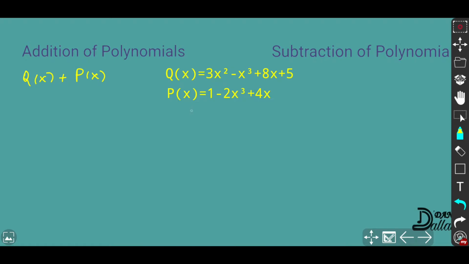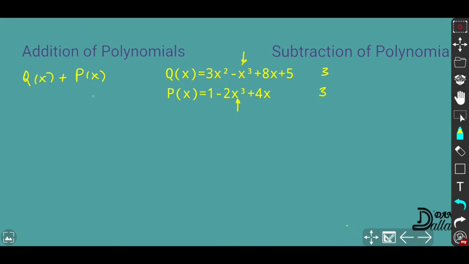So Q(x) indicates the polynomial has the order of 3 because the maximum power of the term with minus x cubed is 3. So this is also a polynomial of power 3 because you can see the maximum power of the leading term is cubed. So that's why they're both of the same order or the same degree.